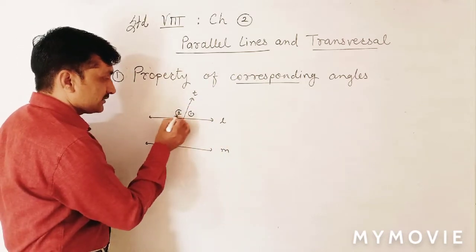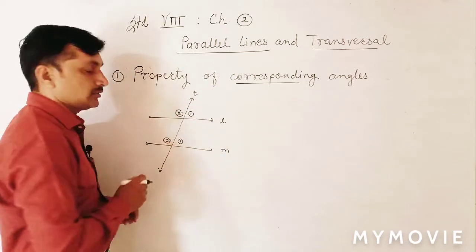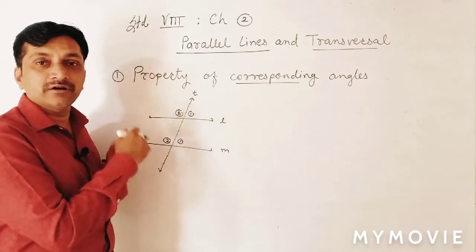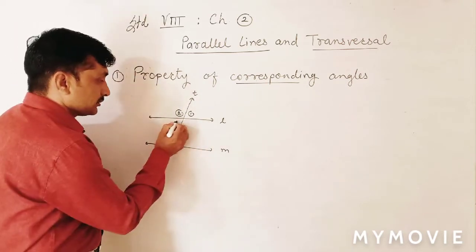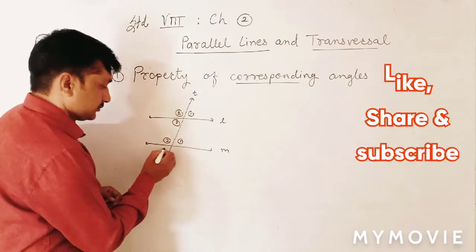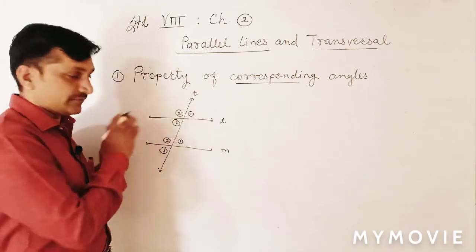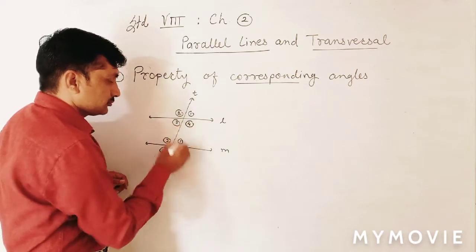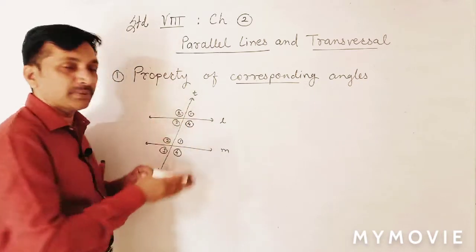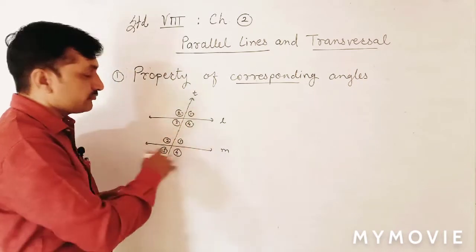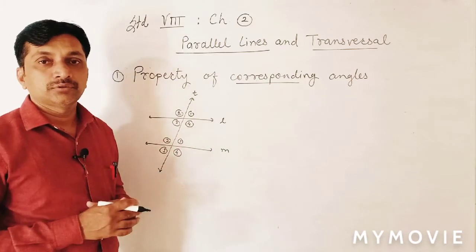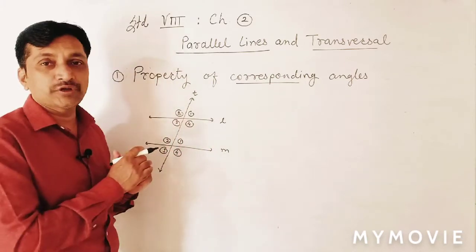Second pair we can take this: to the left of the transversal and above the parallel lines. Third pair: below the parallel lines and to the left. And fourth: below the parallel lines to the right. In this way we get 4 pairs. What is the property of these corresponding angles?